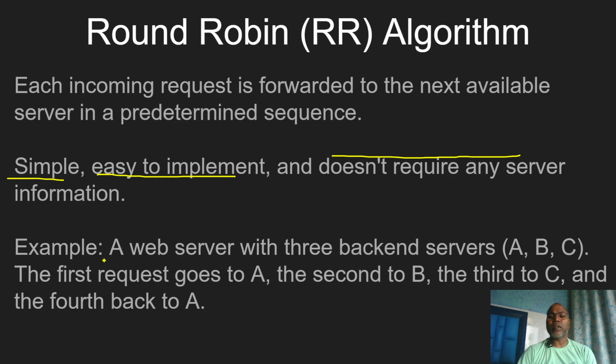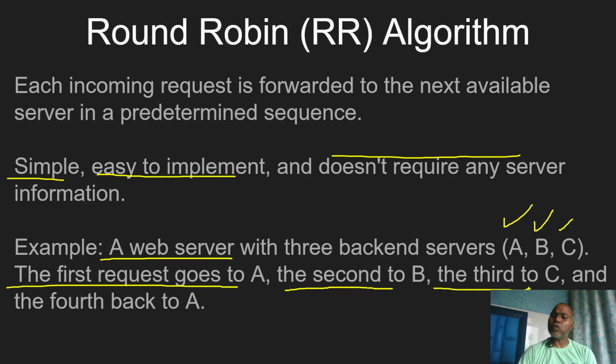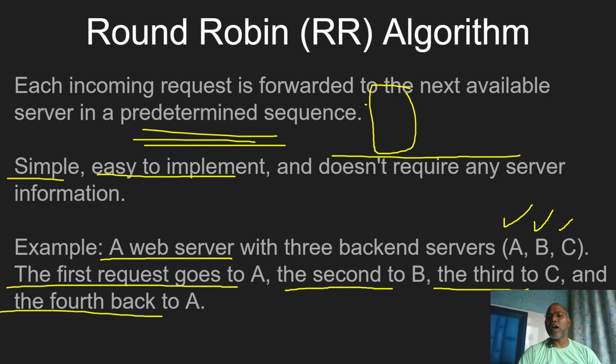For example, for a web server, I have three backend servers: A, B, and C. The first request goes to server A, the second request goes to server B, the third request goes to server C, and again the fourth request goes to A, the fifth to B, and the sixth to C. In this way, round robin is very simple, and ensures that whatever number of requests you receive, every server gets the same kind of load.